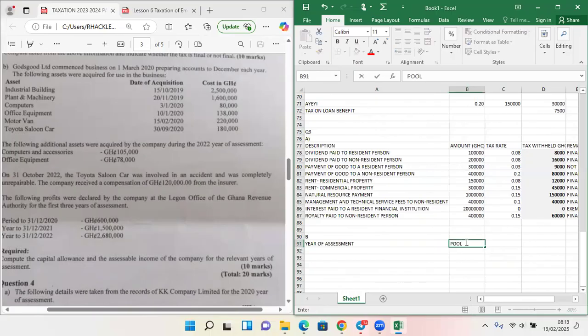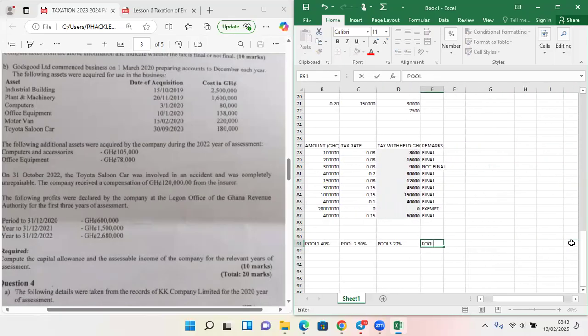So pool one, which will be 40%. Pool two, which will be 30%. Pool three, which will be 20%.